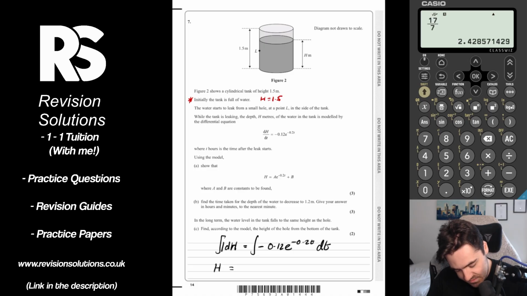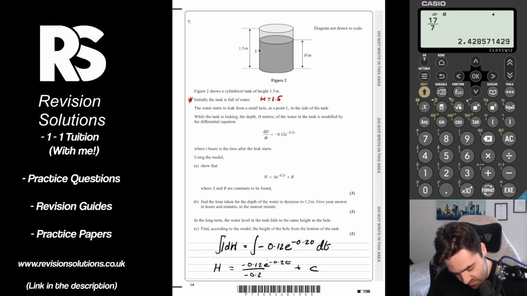Then on the right-hand side, we would have minus 0.12 e to the minus 0.2 t, but if we were to differentiate that, minus 0.2 would come down, which we don't want, so we need to divide by minus 0.2. And then we'd have an integrating constant plus c.